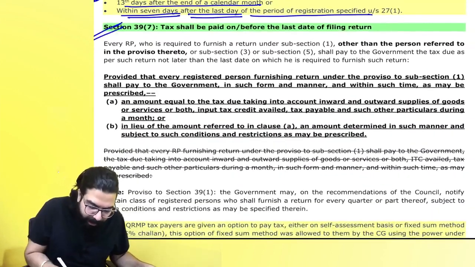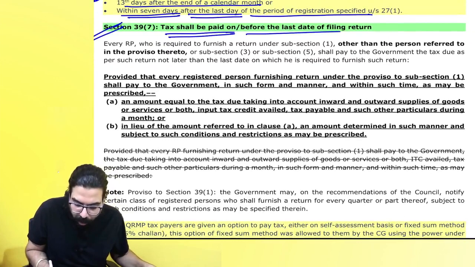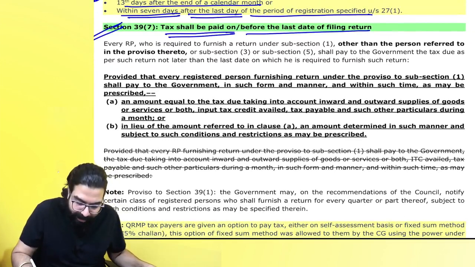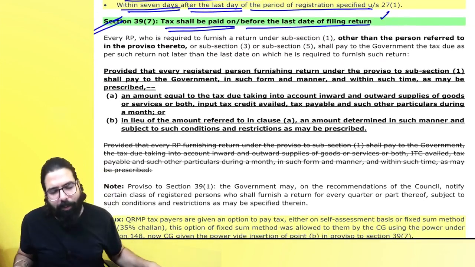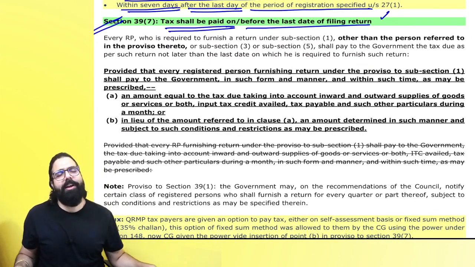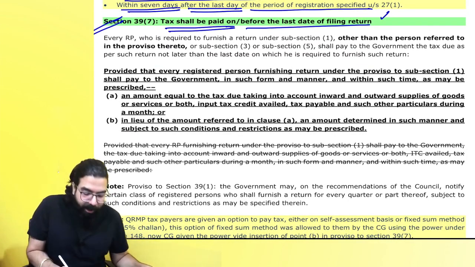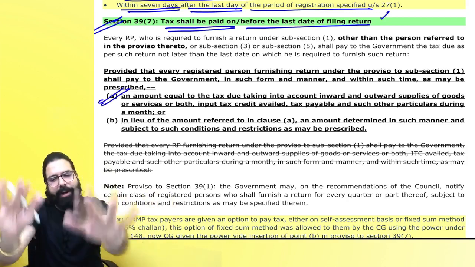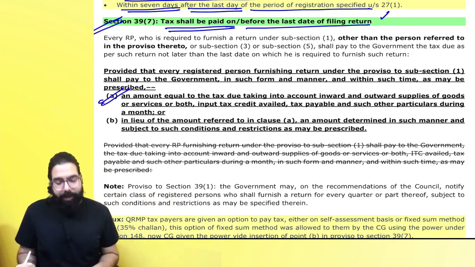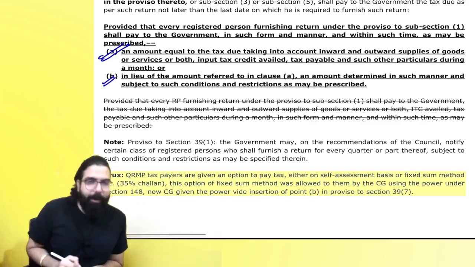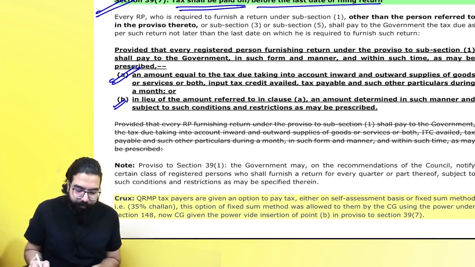The next one over here is: tax shall be paid on or before the last date of filing the return. Everyone always remember one thing: when you are filing your return, you have to pay your taxes. This you already know. And sir, they have introduced one clause B over here. Listen carefully.